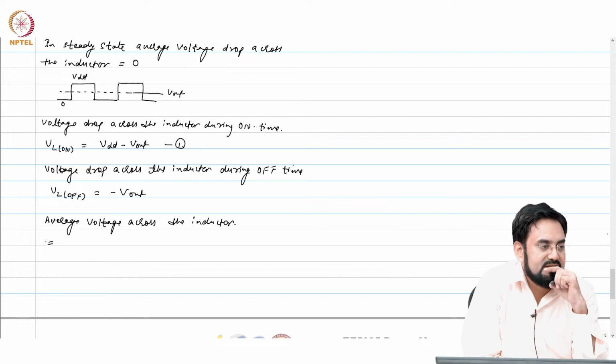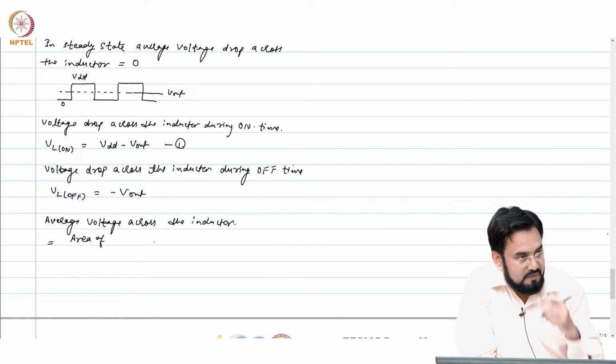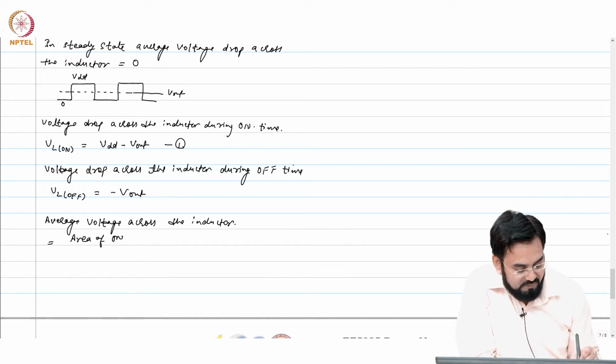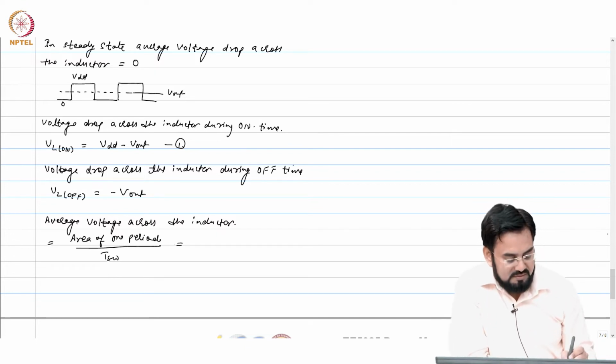What will be the average voltage? Area of one period, it is a periodic signal, divided by TSW. So, what will be the area?